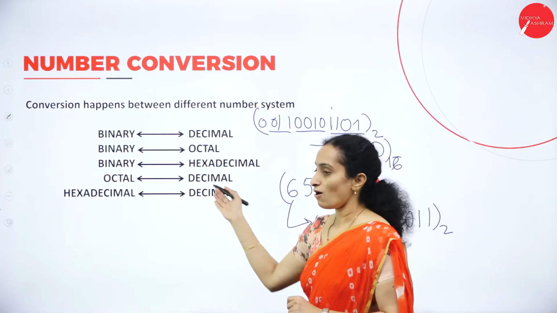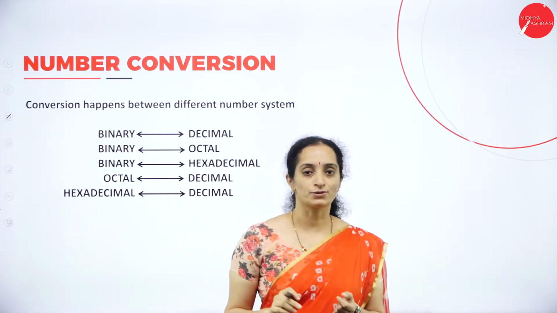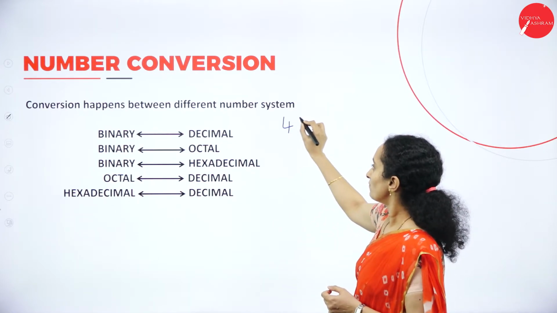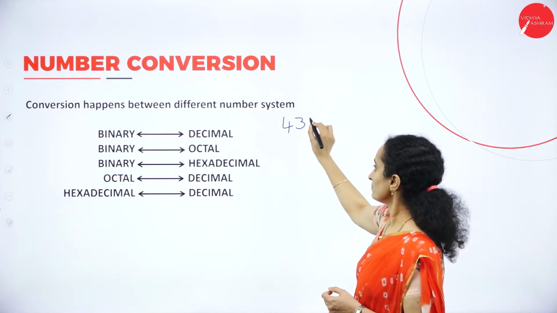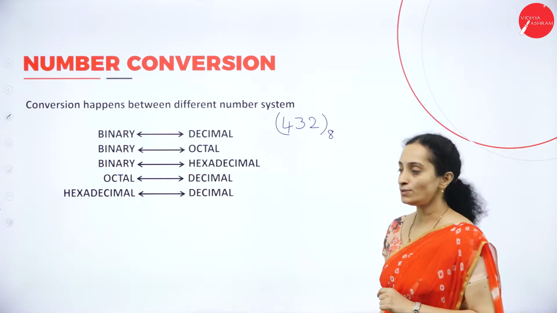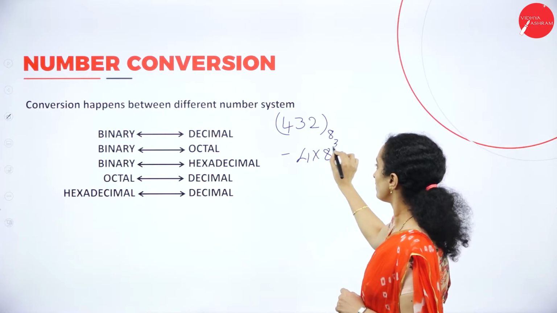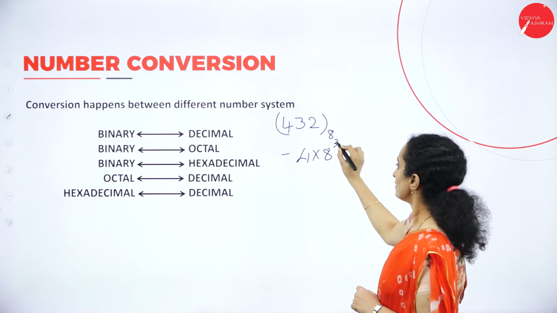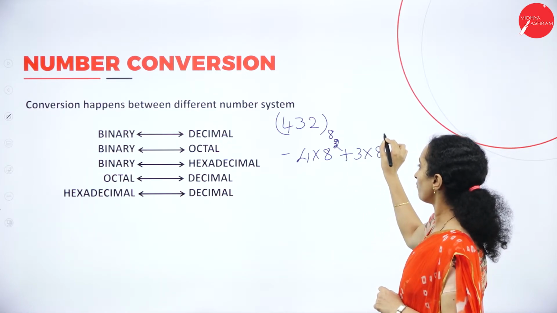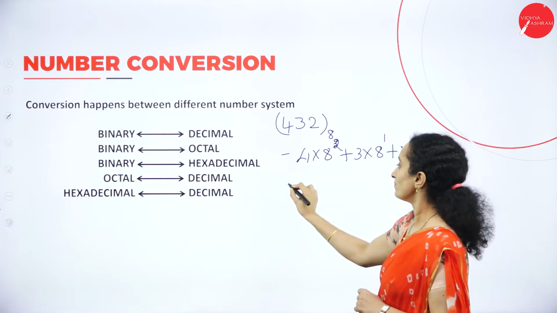Next comes octal to decimal. Okay. How do you convert a number from octal to decimal? Suppose you have 432 with base 8, how do you convert it to decimal? 4 into 8 to the power of 2 plus 3 into 8 to the power of 1 plus 2 into 8 to the power of 0.